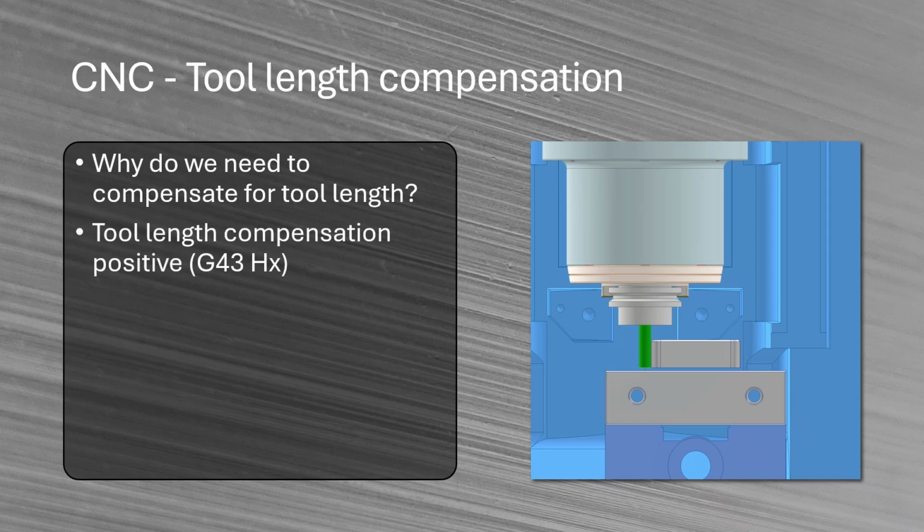The G code for positive compensation is G43. And then again, we use a variable, so H, and then 1, 2, or depending on the tool. The T and H numbers do not necessarily need to match. Traditionally or typically, you would have the same T as the H number, because tool 1, H1, right? Makes sense.